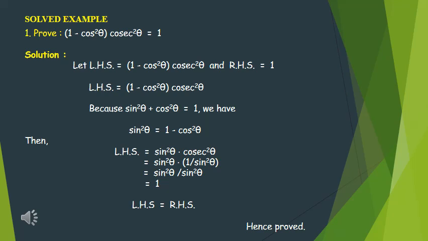After that we get sin square theta into cosec square theta, and as we know cosec is the reciprocal of sin, we can write cosec square theta equal to 1 by sin square theta. After that we get sin square theta by sin square theta, which is equal to 1. So we proved our left hand side is equal to right hand side.